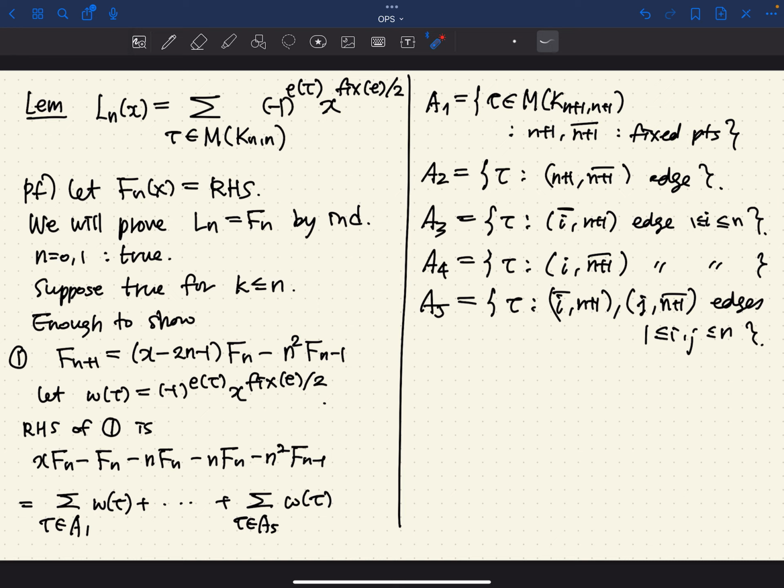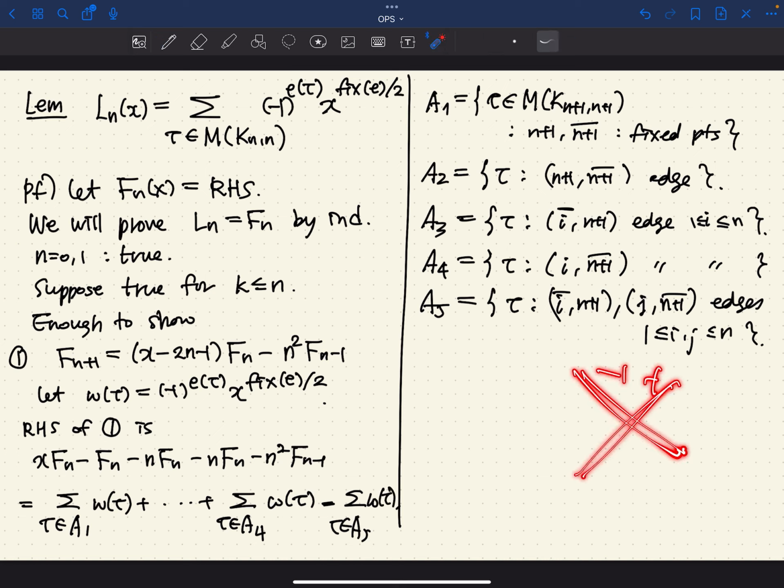Why is this minus? Oh, yeah, that's right, it's a typo. It's not exactly this. The last part is slightly different. So we need a minus here, because these two edges will contribute minus 1, so plus 1.